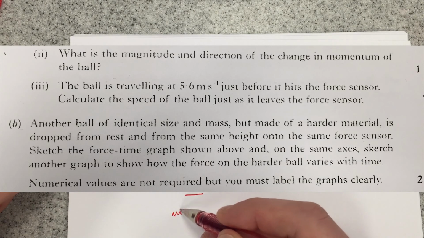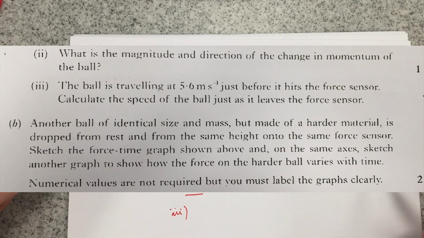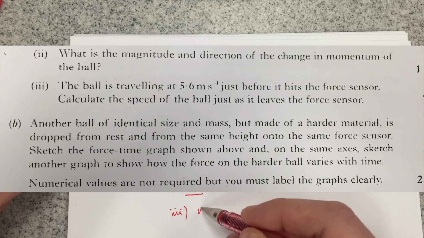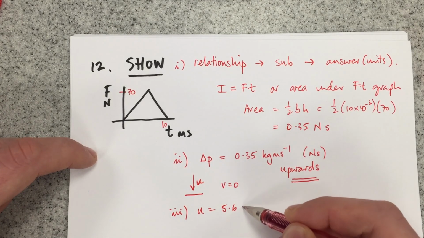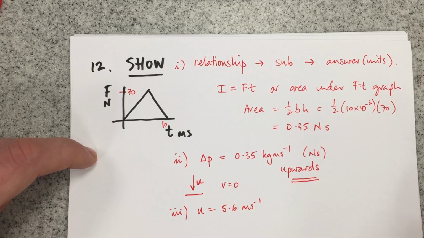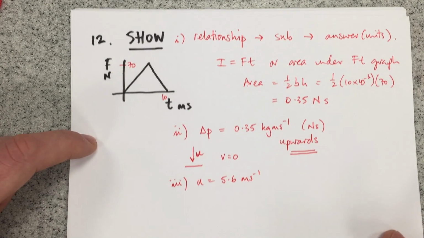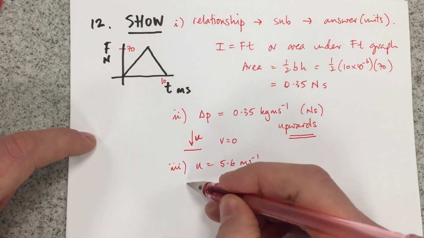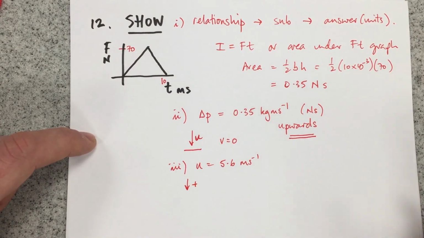Question 3 tells you the initial speed of the ball just before it hits the force sensor. So u equals 5.6 meters per second. You have to decide which way is positive. So I'm going to say downwards is positive for the purpose of this question. Calculate the speed of the ball just as it leaves the force sensor.